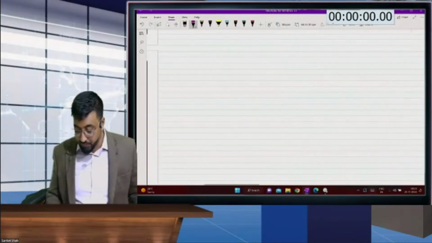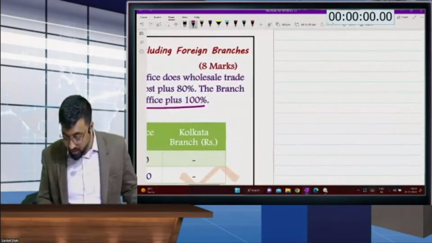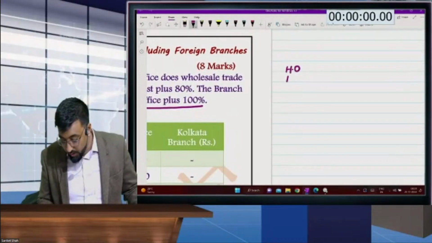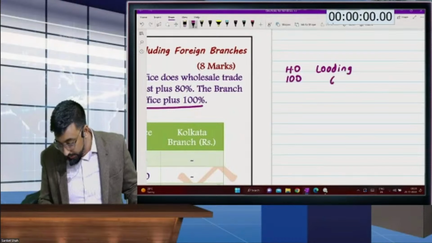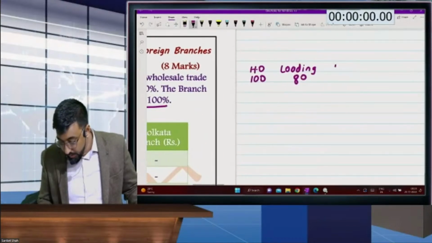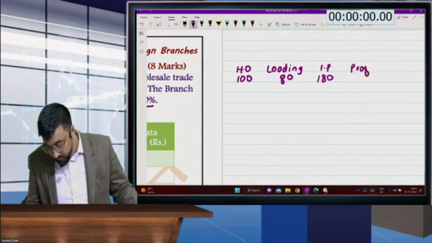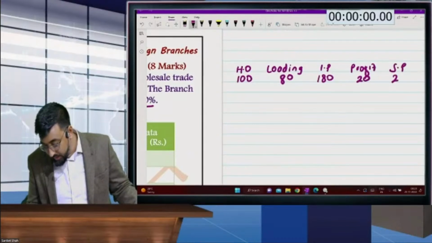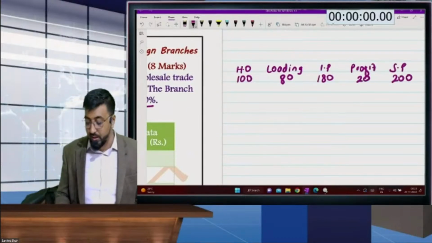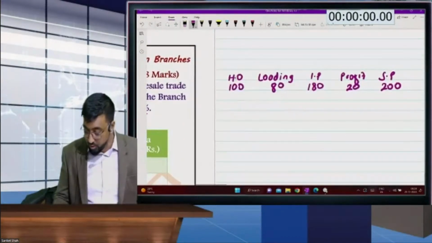So I will tell you the equation. Equation for you: HO sells goods of 100, loading 80, invoice price 180, profit 20 for the branch, and selling price is 200, that is 100 plus 100%. So this is the invoice price.